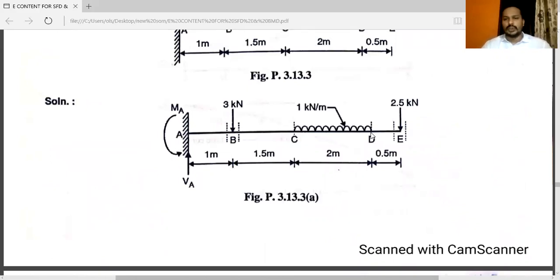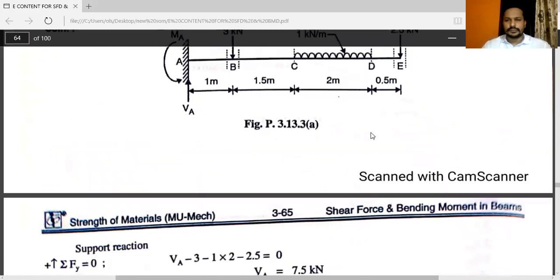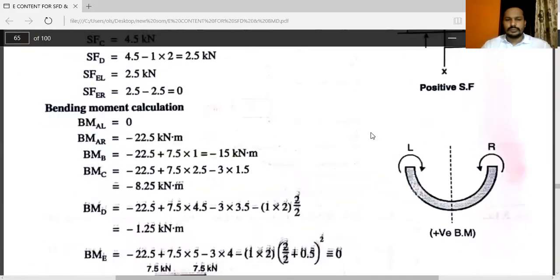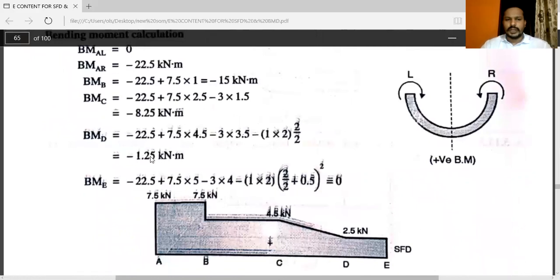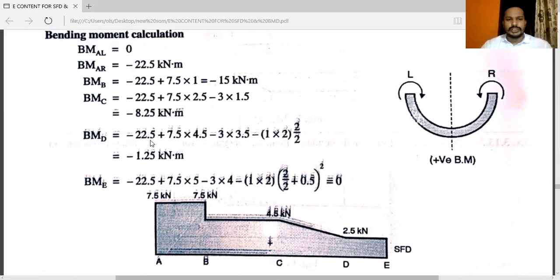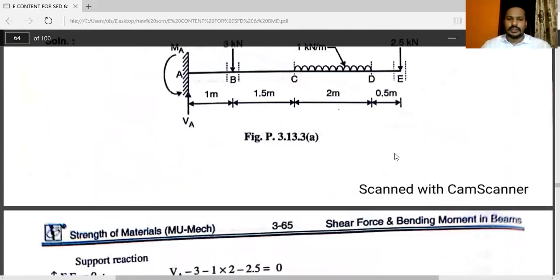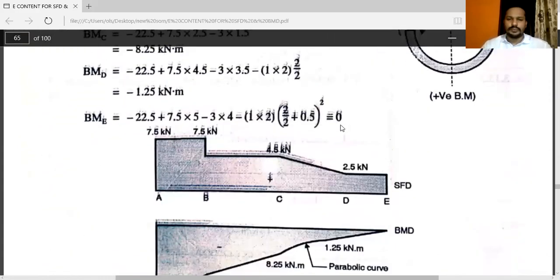At right there is only one force, you can take the right side, that is 2.5 into 0.5. That is minus 1.25. You can consider right side also, you will get the same answer. And bending moment at point E will be 0, that is the end point. You can calculate, definitely the answer will be 0.